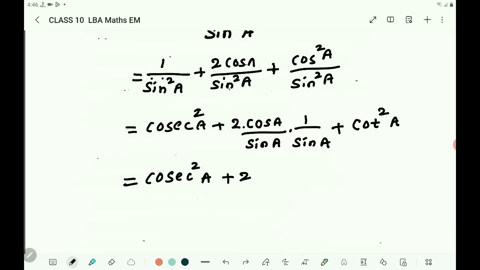Cos by sin is cot and 1 by sin is cosec. So first you write cosec because here cosec is first and cot is next. Cosec into 1 by sin A is cosec, then cos A by sin A is cot.